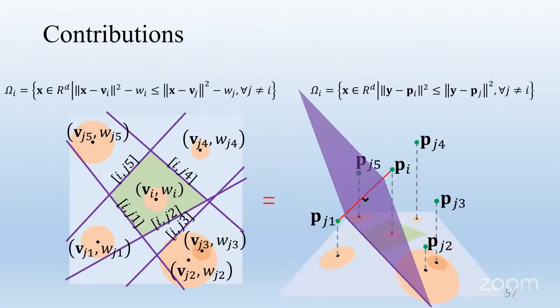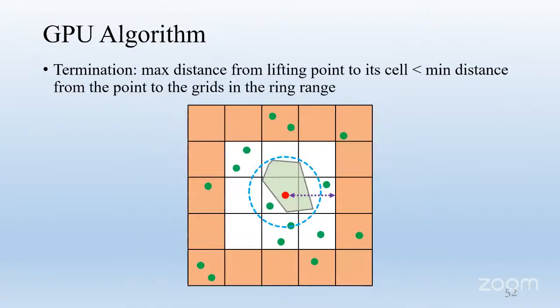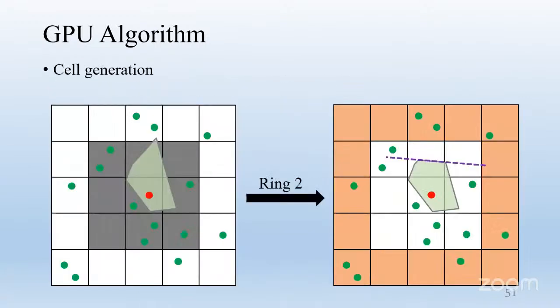Thank you for the question. Let me go back to the page. Yes, actually, the acceleration trick has already been used in the GPU algorithm, but I skipped the details when I introduced the cell generation here. The real cell generation has a slight difference.